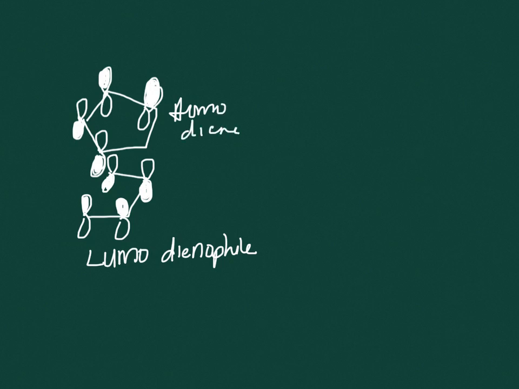Okay. We want to interact, I'll show you in blue, okay, where we have this interaction here and this interaction here. When we are in the endo conformation, as shown here, we have secondary interaction shown in yellow.